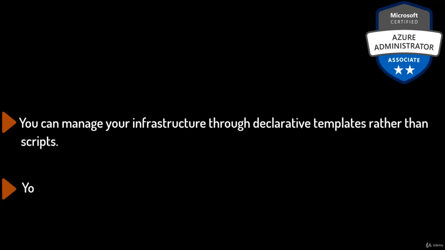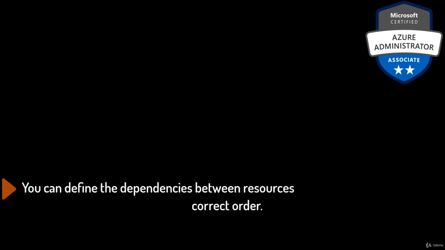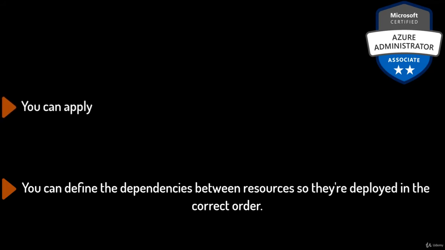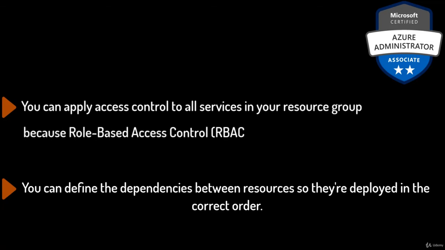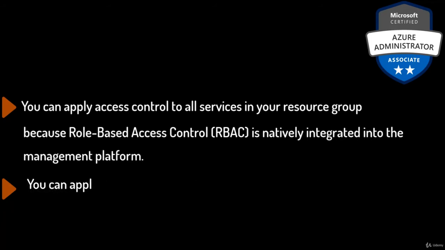You can define the dependencies between the resources so they are deployed in the correct order. You can apply access control to all services in your resource group because role-based access control is natively integrated into the management platform. You can apply tags to resources to logically organize all the resources in your subscription.